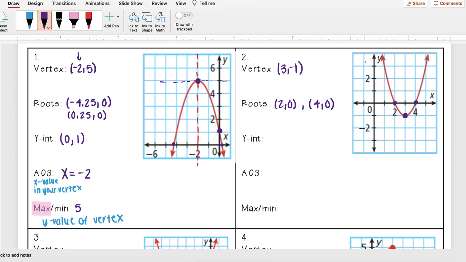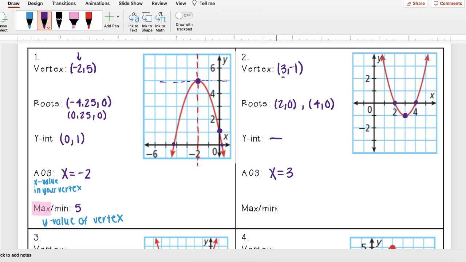For my y-intercept, it's where it crosses the y-axis. This doesn't actually show on this graph, so we're just going to skip that one because we don't know for sure. My axis of symmetry, that's always x equals the x value of my vertex, so that's going to be x equals 3.